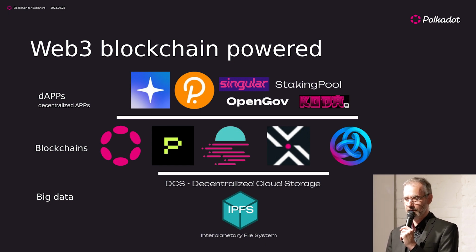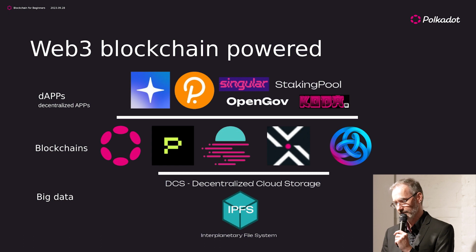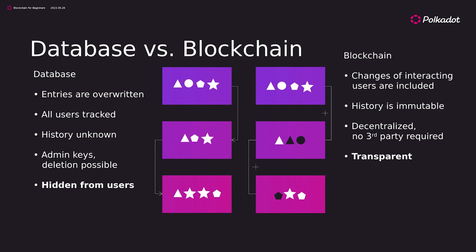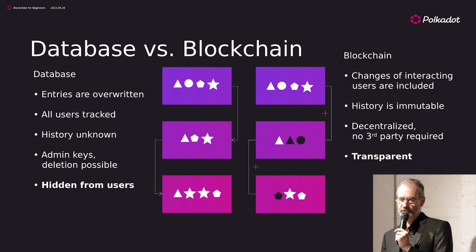So let's compare a database with a blockchain, because that's, let's say, most of the usage you will have with a blockchain later. Here we tried to make a comparison between a database and a blockchain. On the left side we have the database. Generally, entries in the database are overwritten when new data comes in.